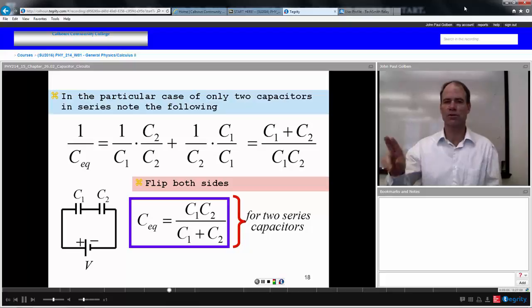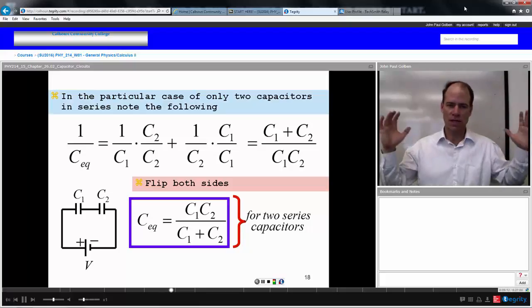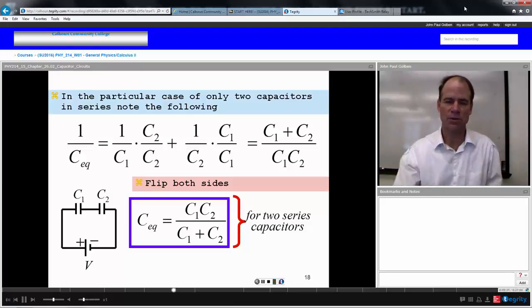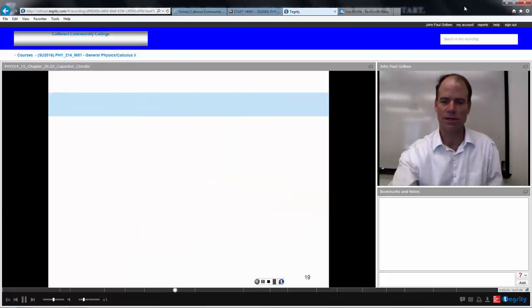So for every 2, do product over the sum, break it down to 1. Next 2, do product over the sum, and start reducing your circuit that way, always taking them 2 down to 1 in successive order. That would work. And that's one way that you could simplify a capacitor network.